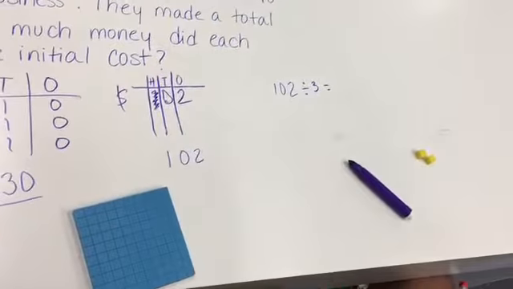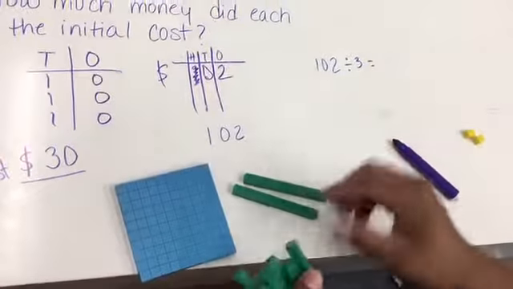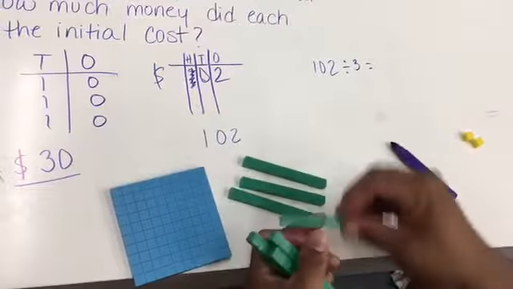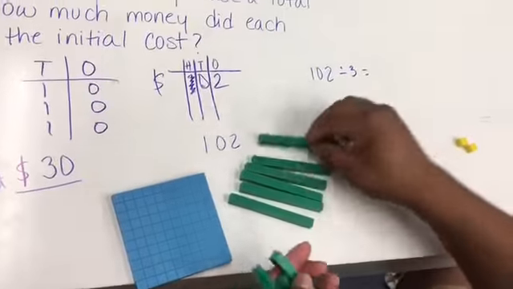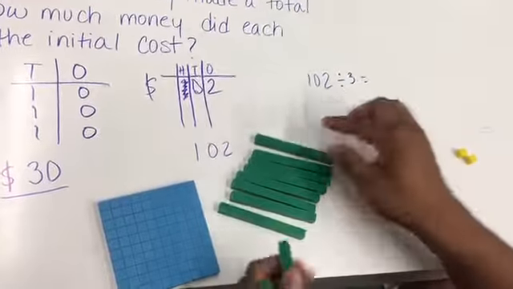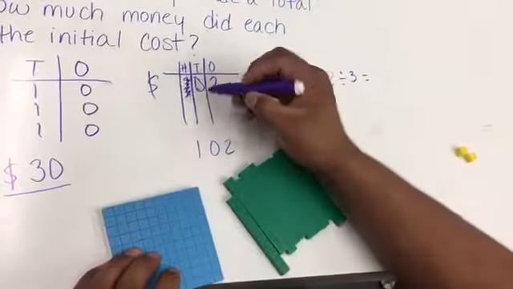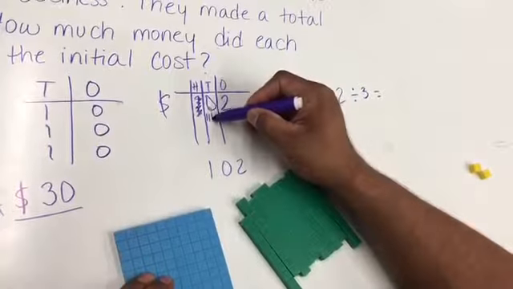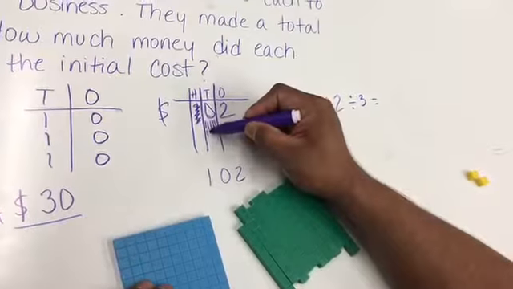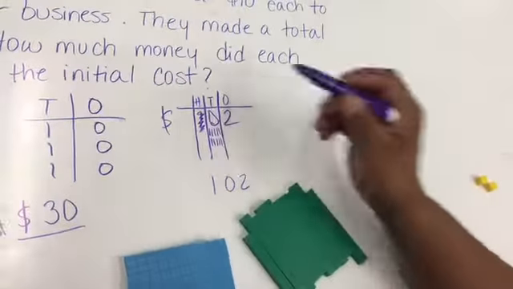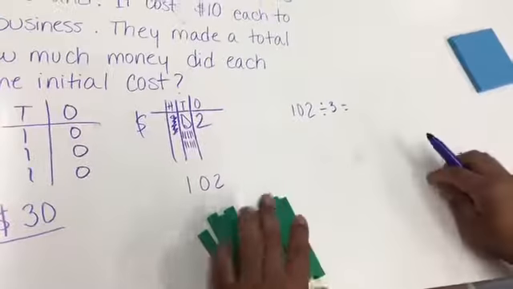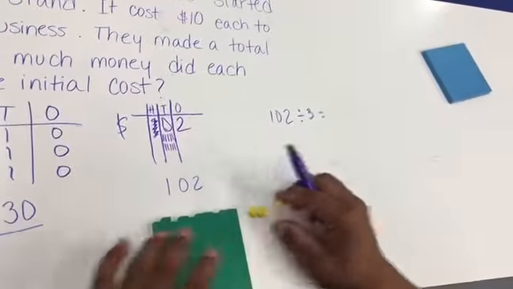So here we go. 1, 2, 3, 4, 5, 6, 7, 8, 9, 10. Our 2 units stay the same.